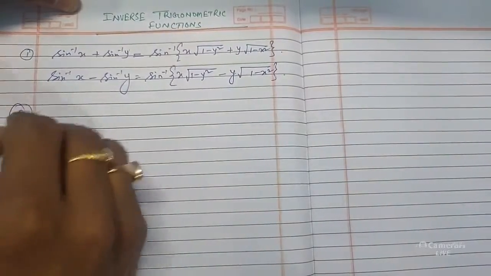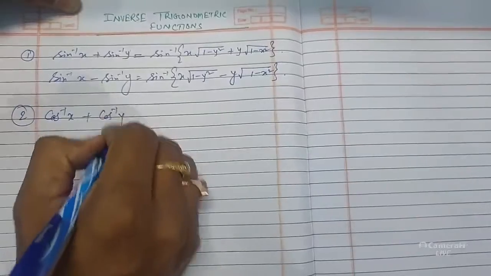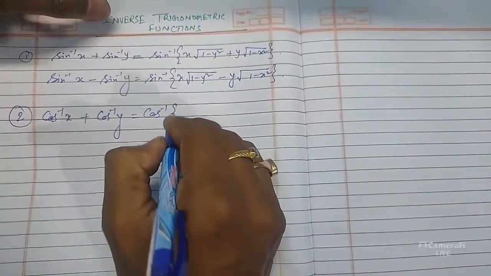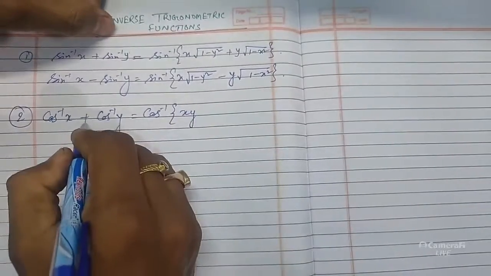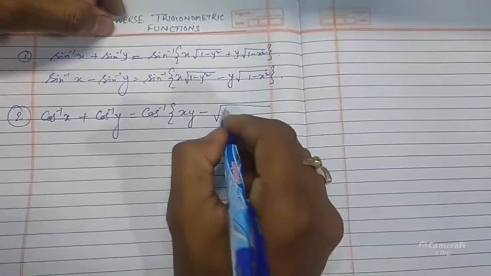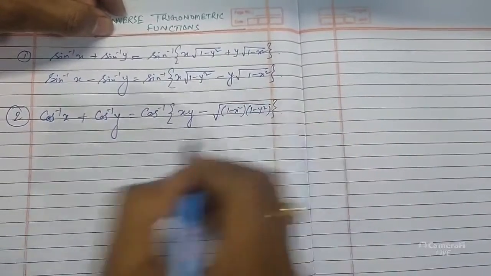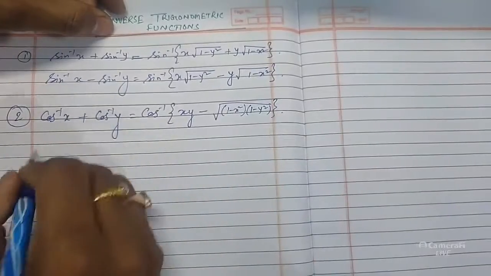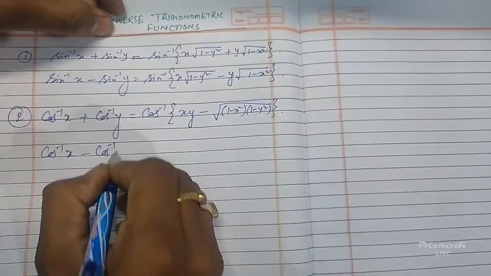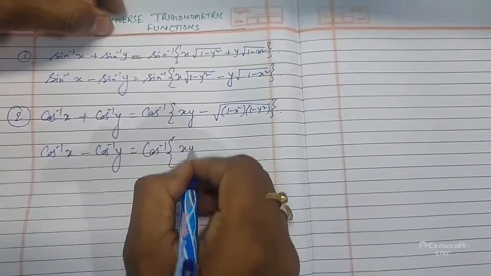Similarly, we have the formula of cos also, cos inverse x plus cos inverse y. Here the formula will be cos inverse of xy. For plus sign, here we have minus: xy minus root under 1 minus x square into 1 minus y square. And if it is minus sign, then cos inverse x minus cos inverse y equals cos inverse, and inside it will be plus sign.